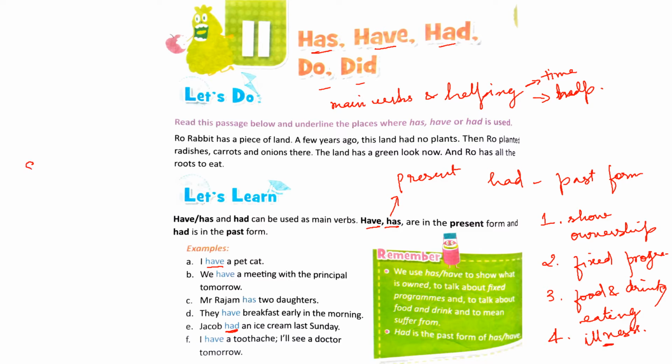If the subject in the sentence is I, we, they, and you, then you will use have in the sentence. With I, we, they, you, or any plural subject you will use have.